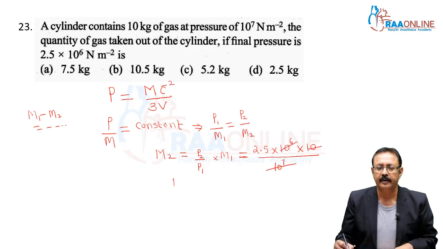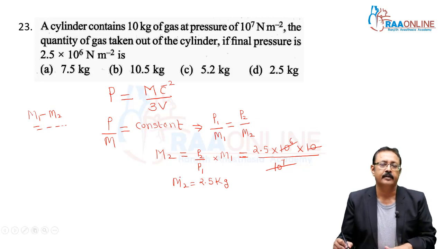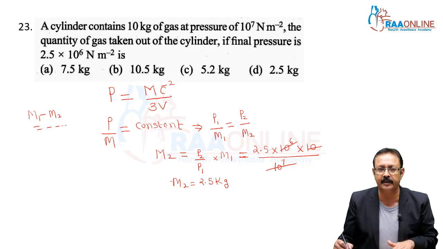What we are getting? M2 is equal to 2.5 kg. Means if you want the pressure inside the cylinder to be 2.5 into 10 to the power 6 Newton per meter square, the mass should be 2.5 kg, but it was 10 kg.